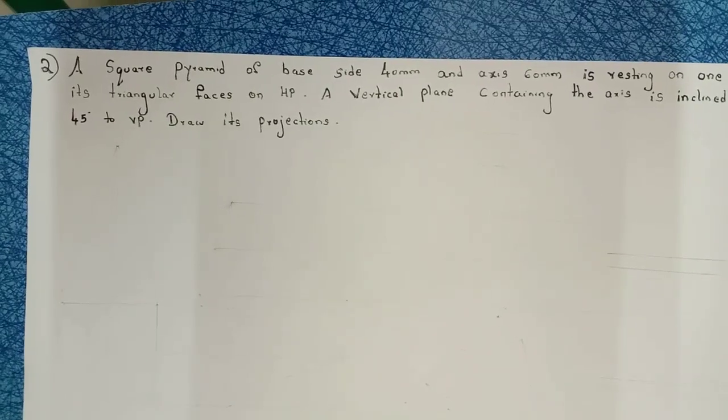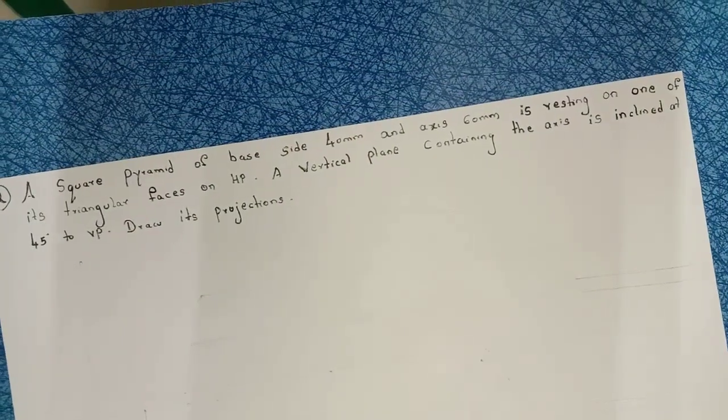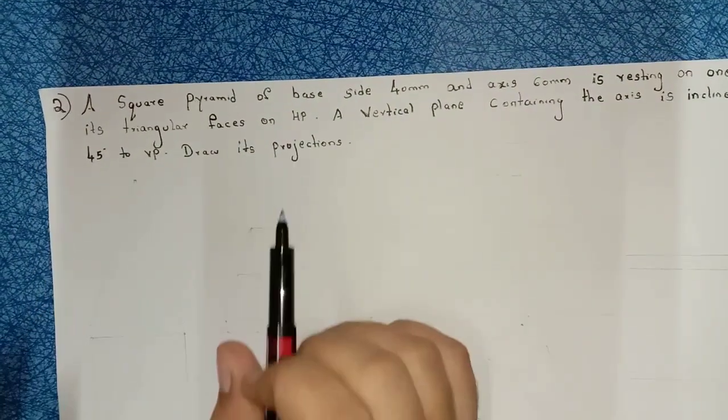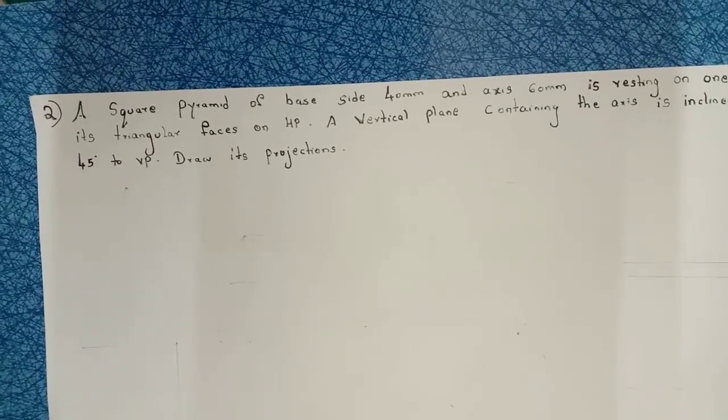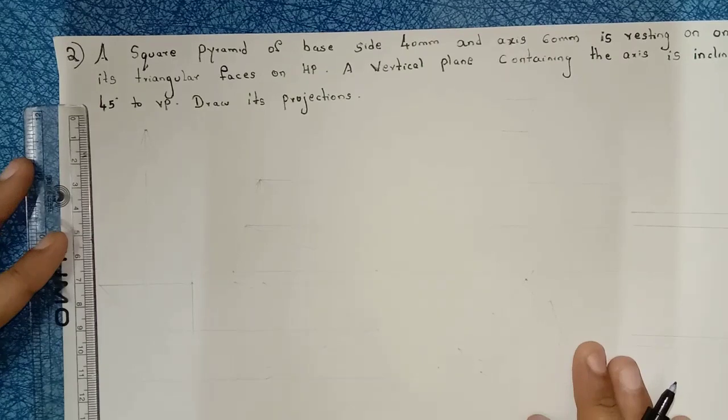Right? I will tell first. See, I am constructing the square on HP, because they mentioned triangular faces on HP, I am constructing a square here of 40 mm.